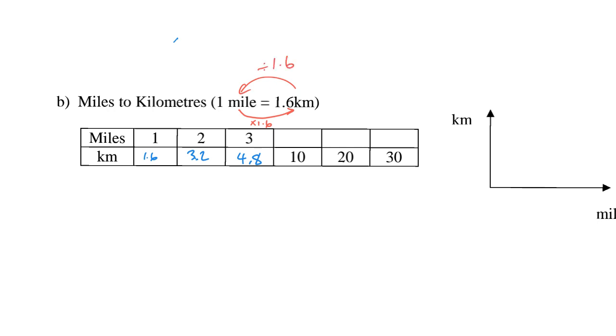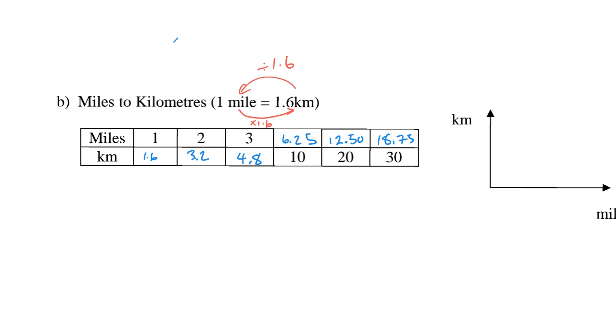So we're going to do the same thing again. We end up with 10 divided by 1.6 is 6.25. Then 20 divided by 1.6 is 12.50, and 18.75.